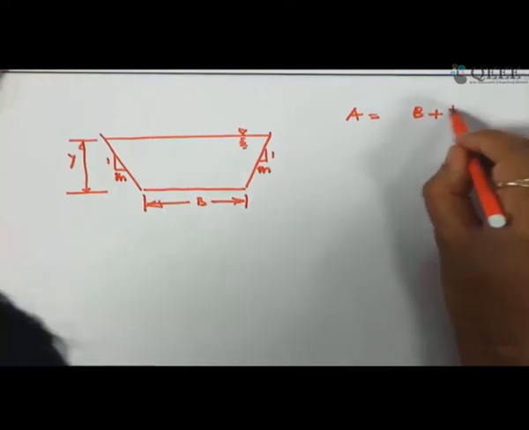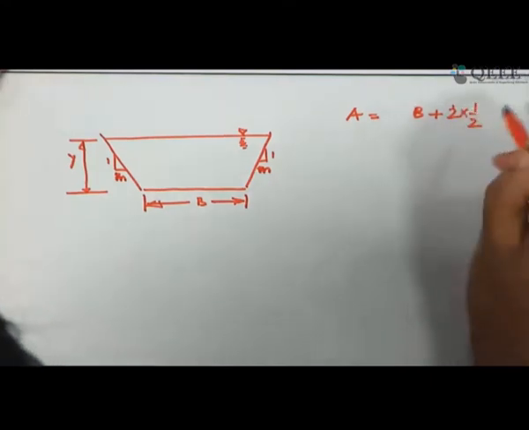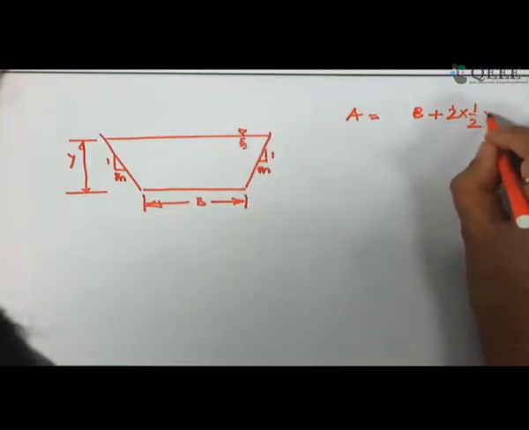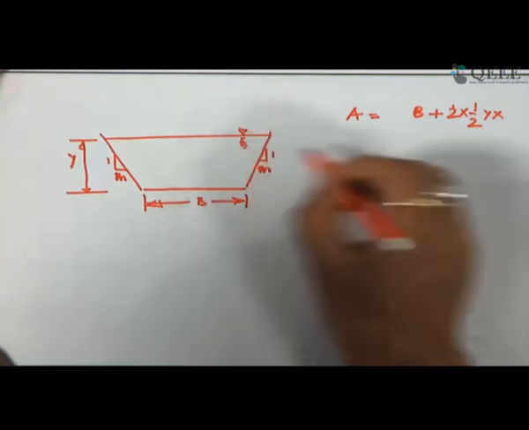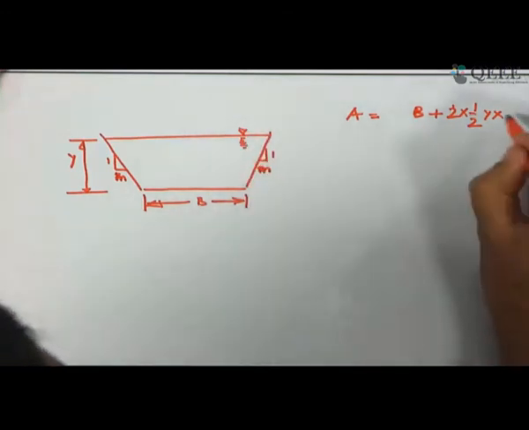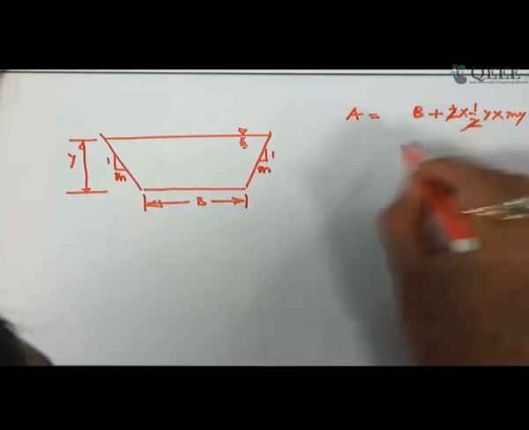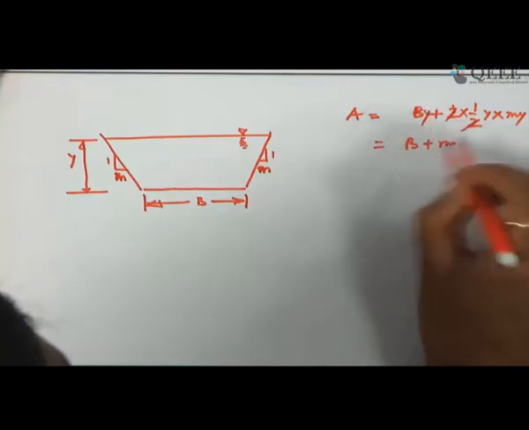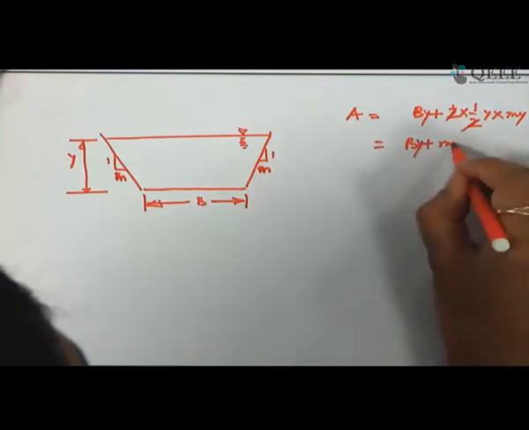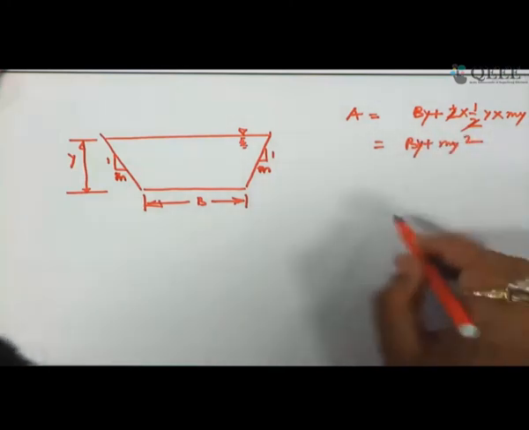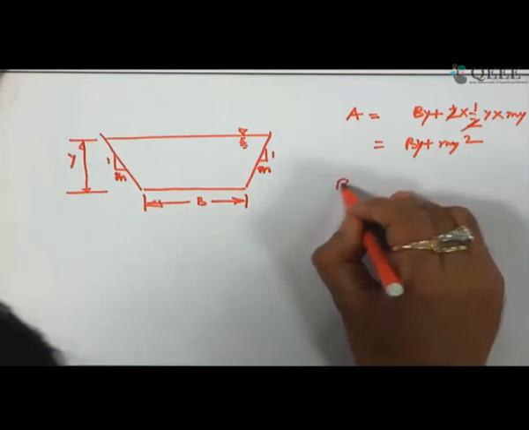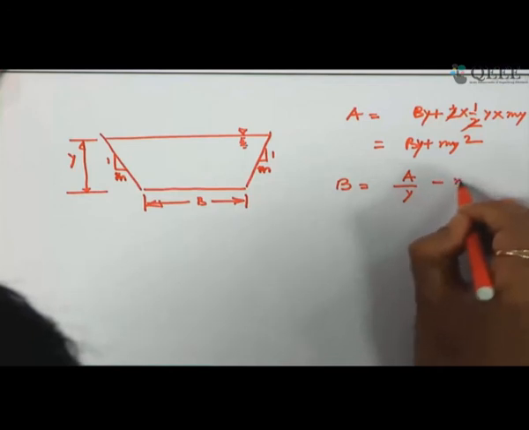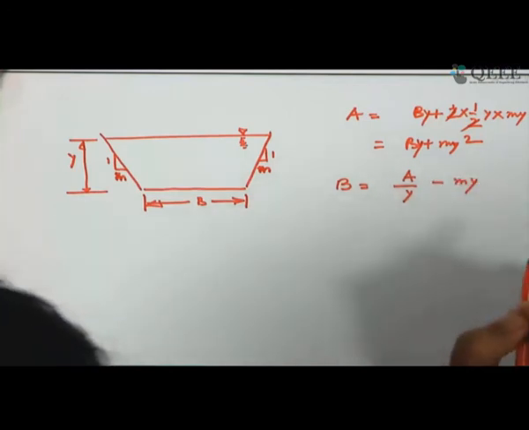So the area of the trapezoid is y into base, which is b plus m into y. So b plus my, into y, which gives b y plus m y squared. So b we can write as A divided by y minus my.